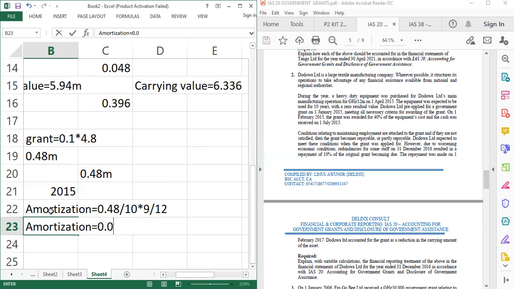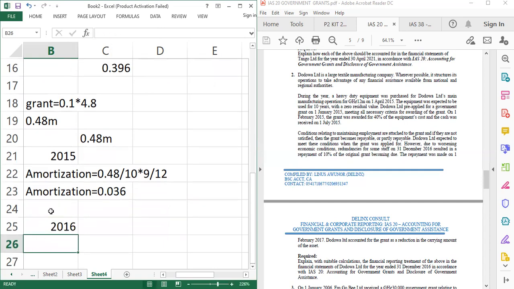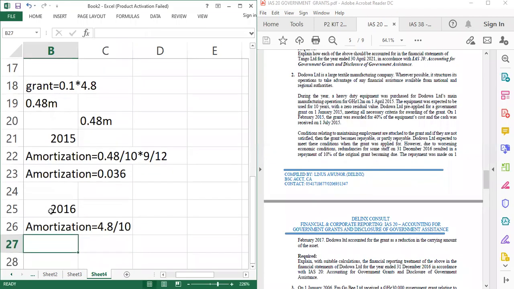Okay. Let's come to 2016. Amortization will be what? 0.48 divided by 10. Amortization will be 0.048.